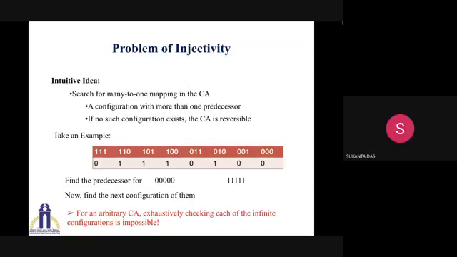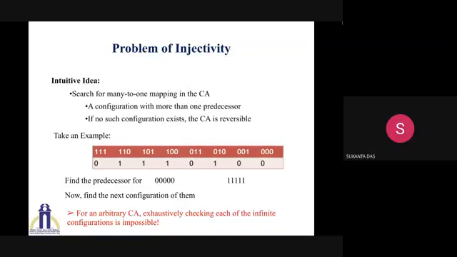If we are successful in that search, meaning we get two configurations, then we say it is not injective. But if we fail to get such two configurations, we call it injective.